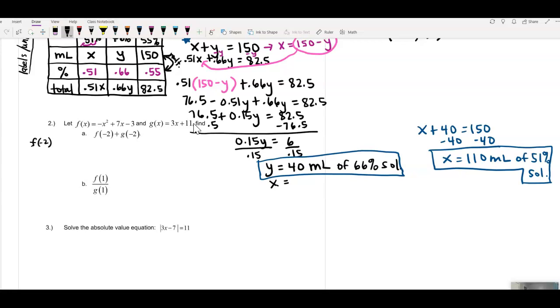So we've got that negative on the outside. In place of my x, I put -2 and then square it, plus 7 times -2 minus 3, right? And then you're going to just use order of operations here to simplify.